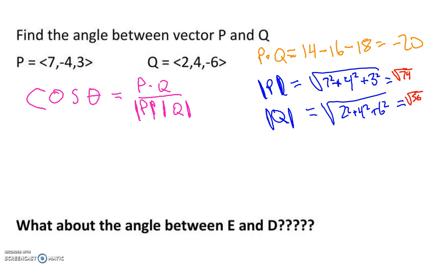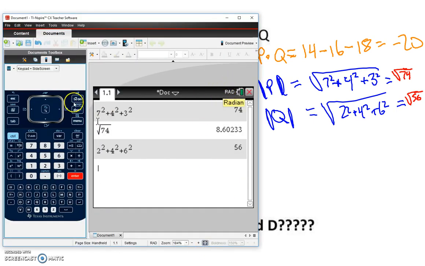Okay, I can substitute here. So cosine of theta is equal to negative 20 over the square root of 74 times the square root of 56. Okay, and then you're going to stare at it. You'll be like, alright, so what do I do? I just plug that in the calculator, and then I get a number. It's going to be disgusting. You're going to be like, okay, let me see what I get here. Oh man, my mode is off.